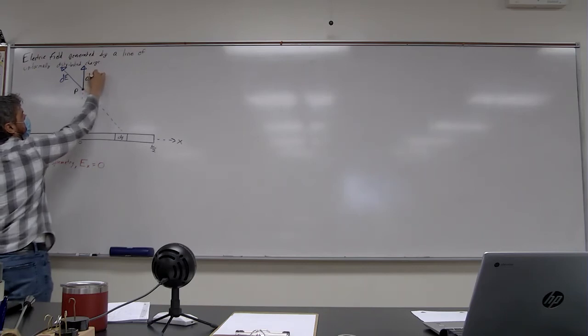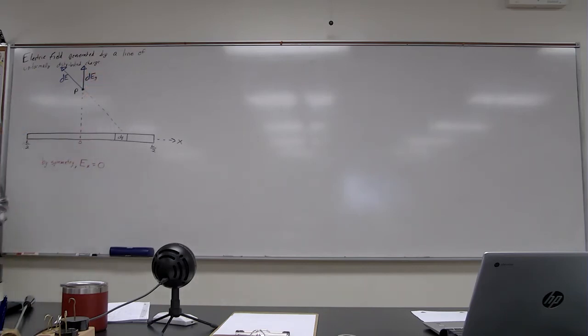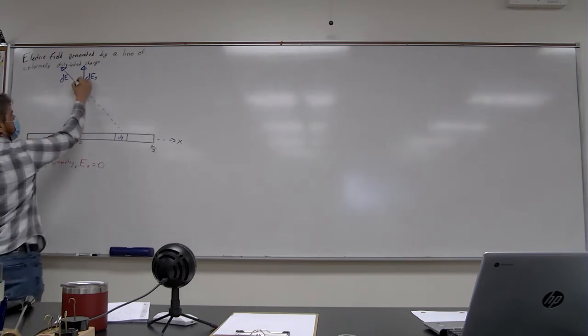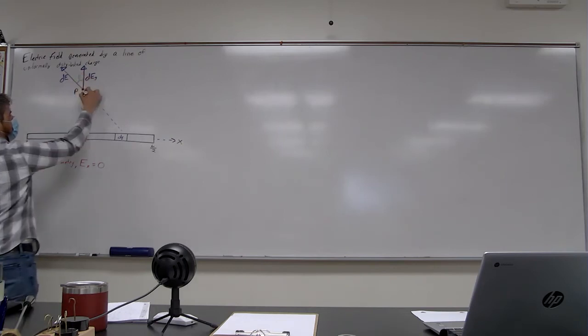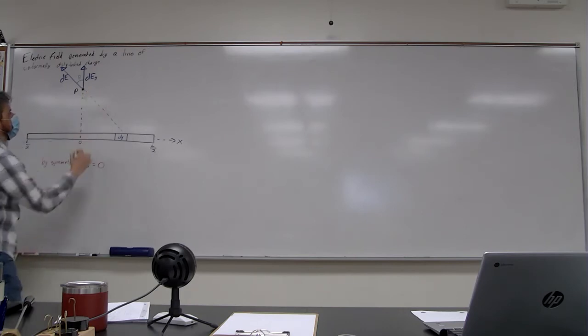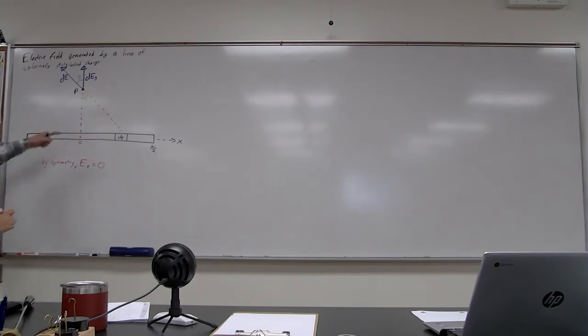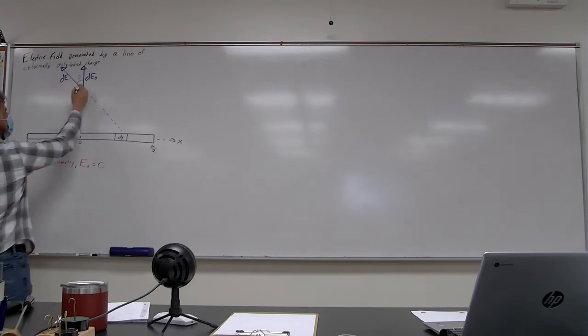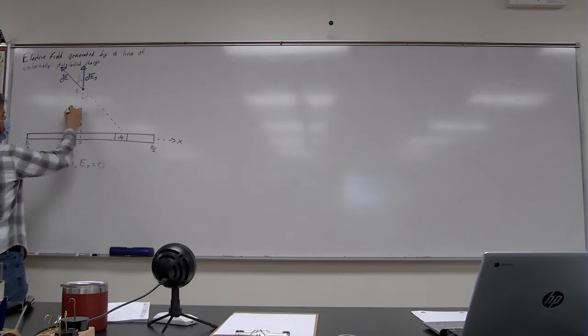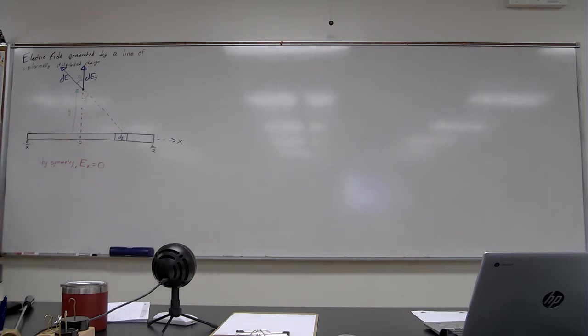That's my dE in the y direction. That's the vertical component of dE. So I'm going to need this angle here, which I'll notice is congruent to this angle. Point P is along the y-axis, so I can call this distance here, or draw this position really, a vertical height y above.